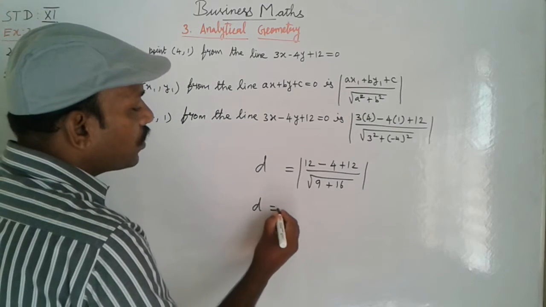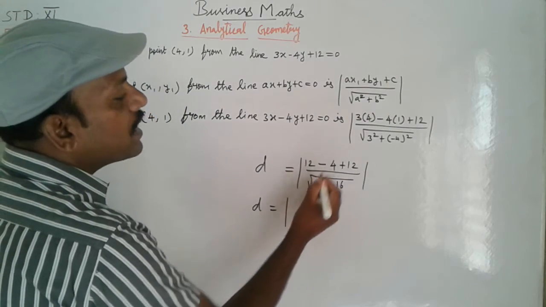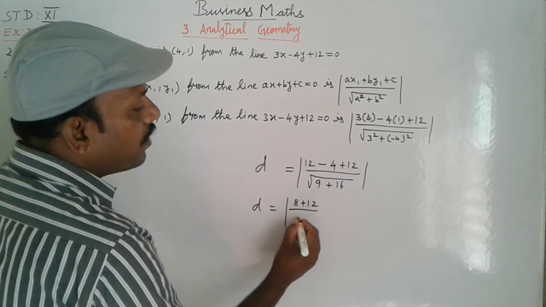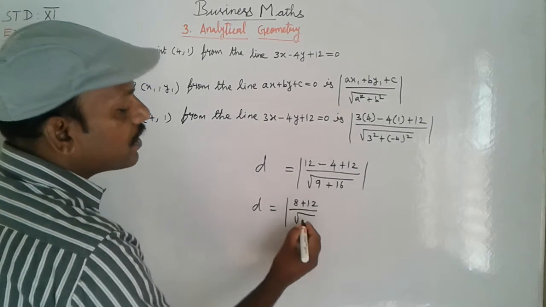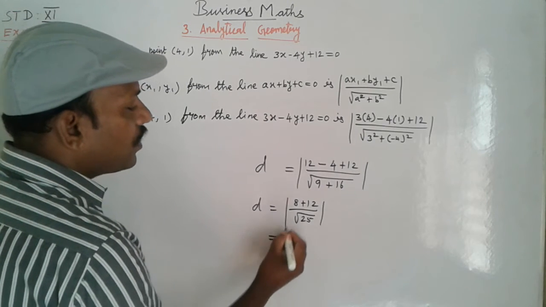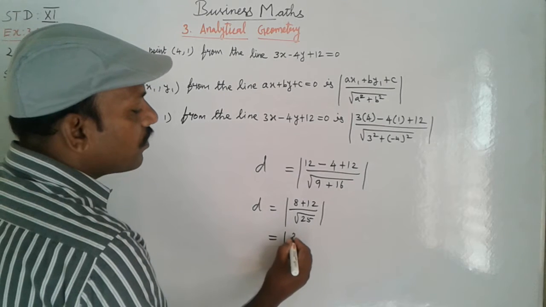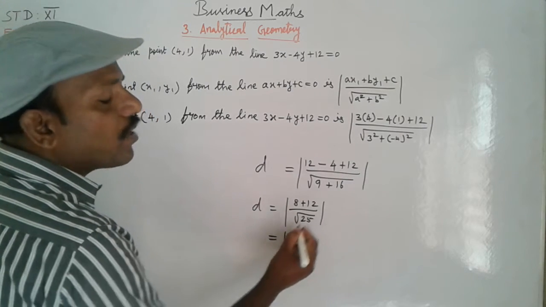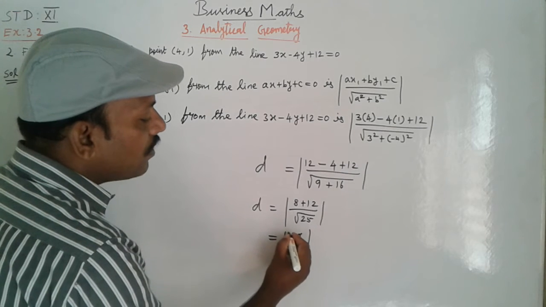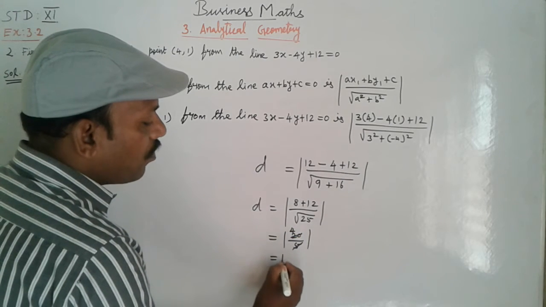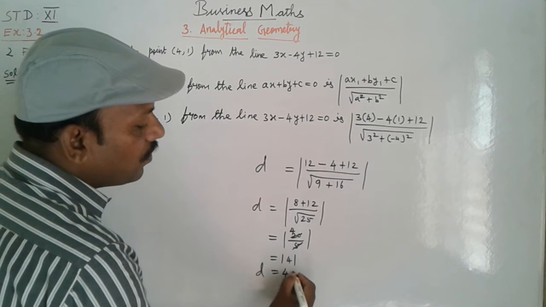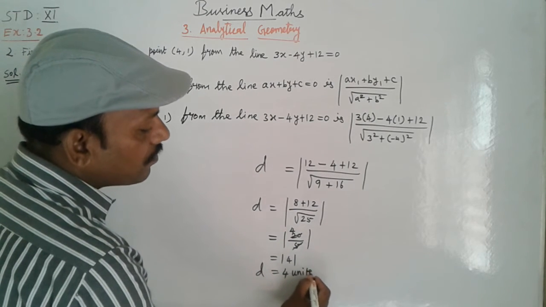So d equals modulus of 12 minus 4 is 8, plus 12, divided by root of 9 plus 16 is 25. 8 plus 12 is 20 divided by the square root of 25, which is 5. 20 by 5 is 4. So distance d equals 4 units.